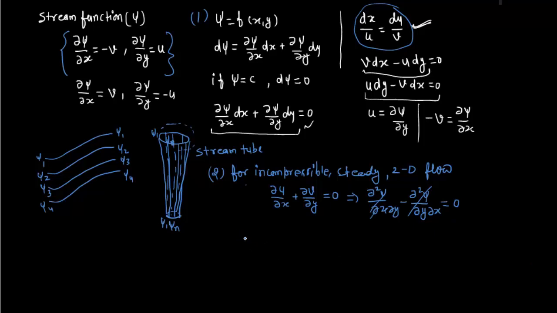I'm saying if the stream function psi exists, the flow will always be continuous. Or the flow will always exist here, because it will always satisfy the continuity equation. So if the stream function exists, in that case the flow will exist and the flow will always be continuous. This is our second point.